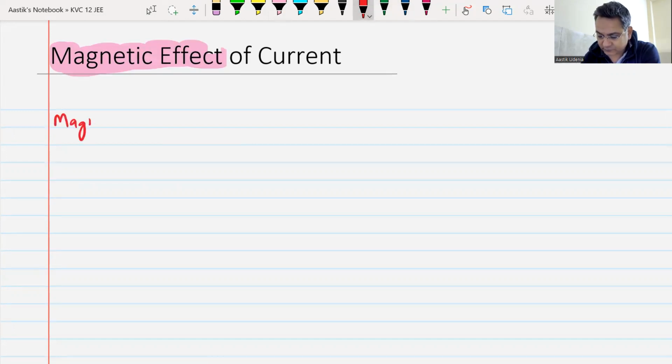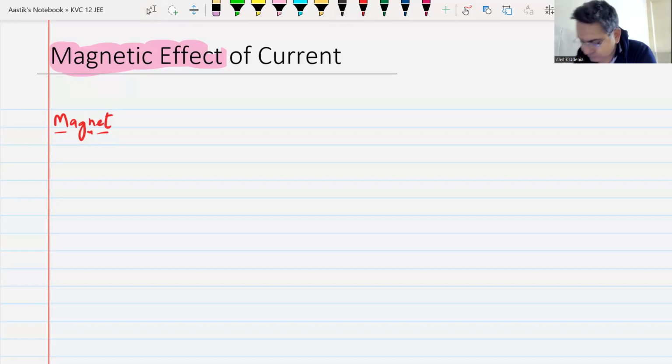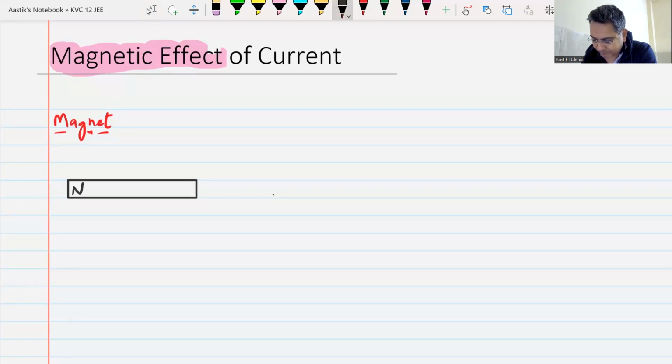Anyone knows what a magnet is and what a magnet does?